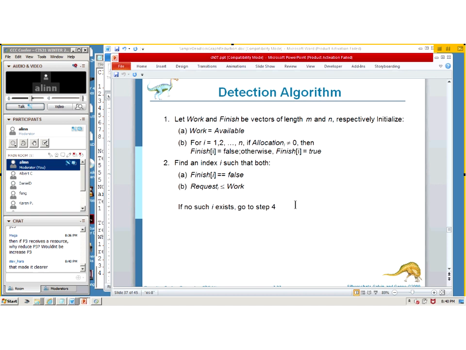Okay, now here's the next question for you guys. I'm allowing deadlocks to occur. When do I run this algorithm?